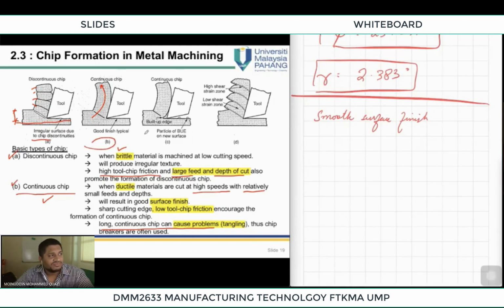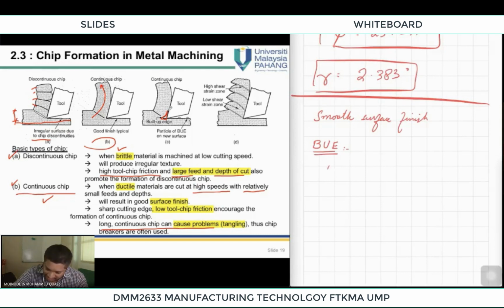Now let's move to built up edge, BUE. Built up edge. Okay, what happens is that between the tool and the chip, there is this space. And at this space, what happens? The material accumulates.